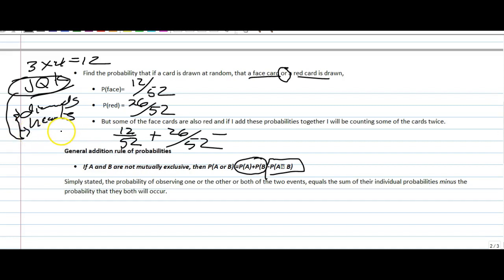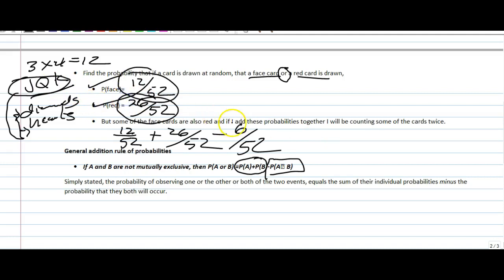So I've counted those 6 cards here in the face cards, and I've also counted those 6 cards within the red cards. So I've counted those 6 cards twice, so I have to turn around and subtract 6 over 52 from that sum, because I've counted 6 of the red face cards twice. I've counted them here and here.